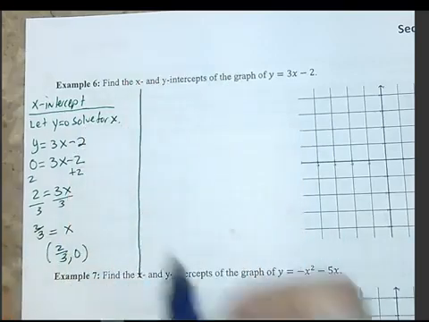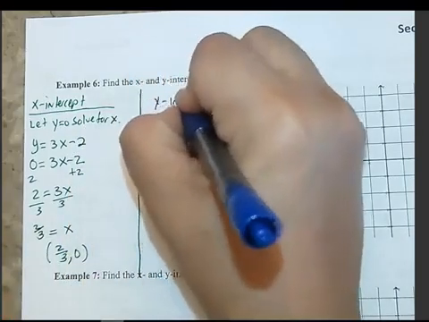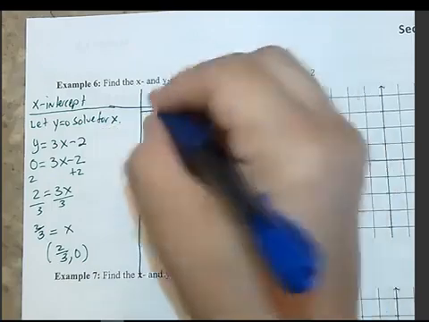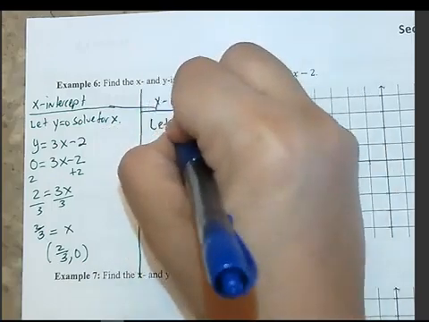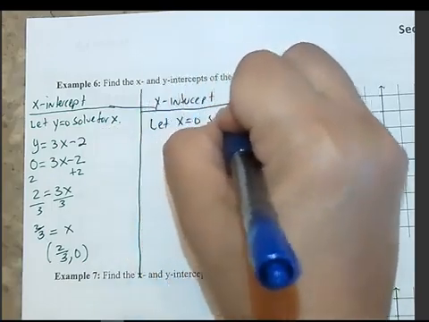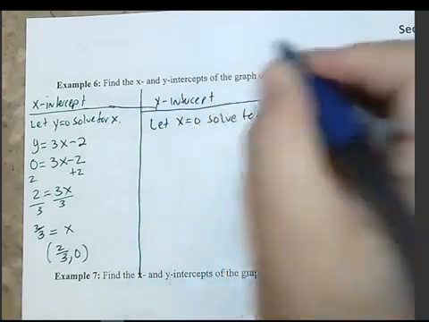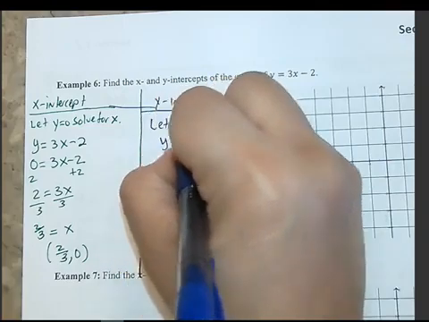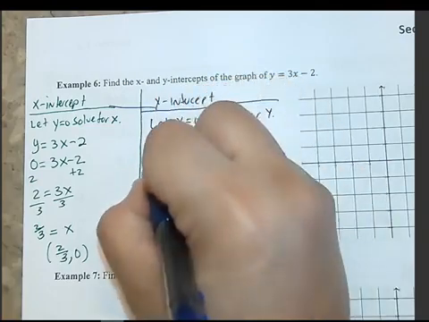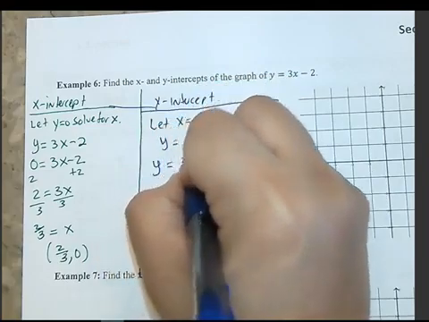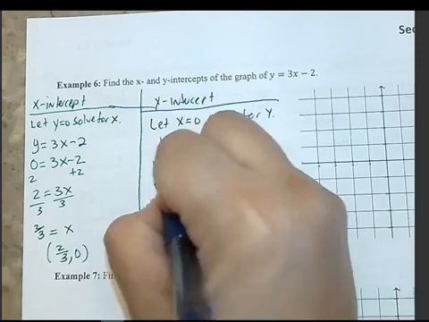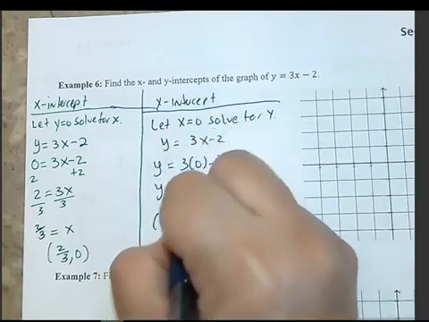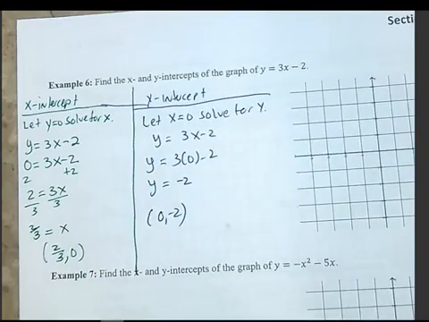And now I'm going to find the y-intercept. So for the y-intercept, we let x equal 0 and solve for y. So x is 0. So 3 times 0 is 0. So we get -2. Okay.